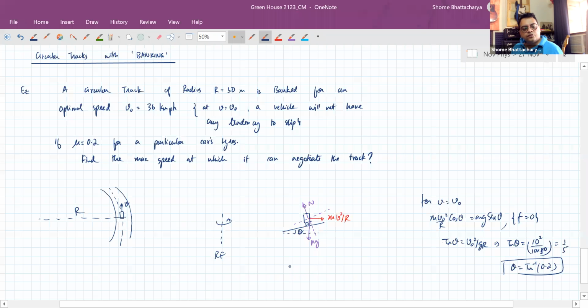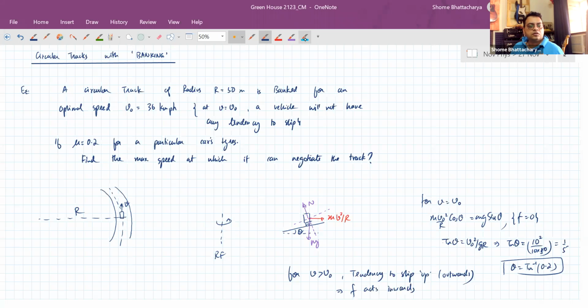But for V greater than V naught, what will happen? There's a tendency to slip up or outwards. So friction will act inwards. So here friction will act like this, static friction.